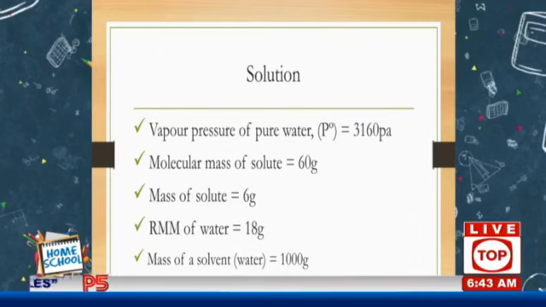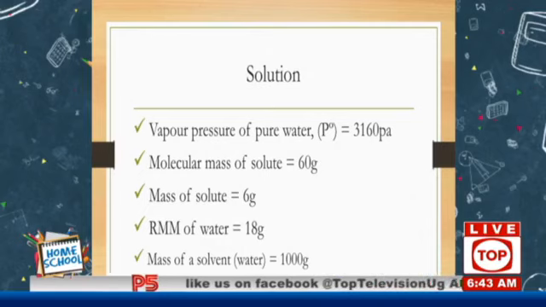So what do we do? We come here and say they have asked us to determine the lowering in vapor pressure. Calculate the lowering in vapor pressure. And lowering in vapor pressure is this one.